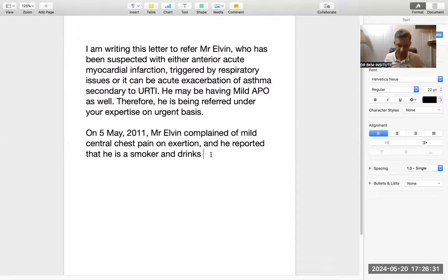Don't go into over detail when you don't have sufficient word count. The letter is already lengthy. So Mr. Elvin complained of mild chest pain and he reported, this is the best word you can write, that he is a smoker and drinks as well.